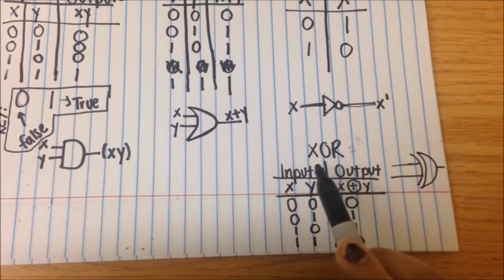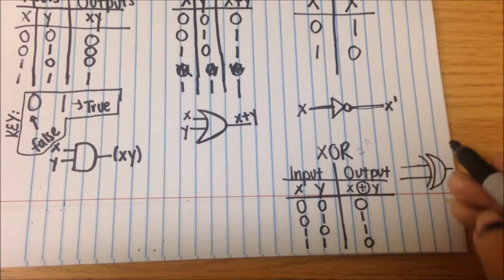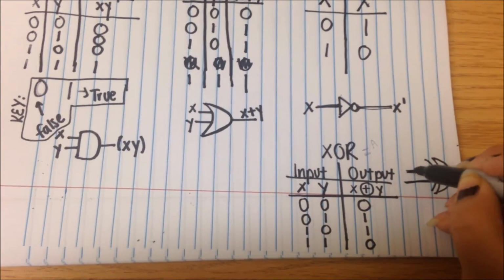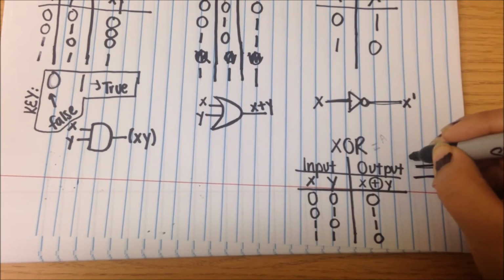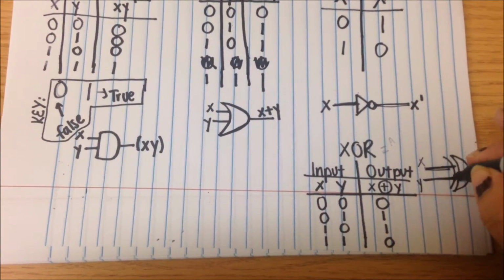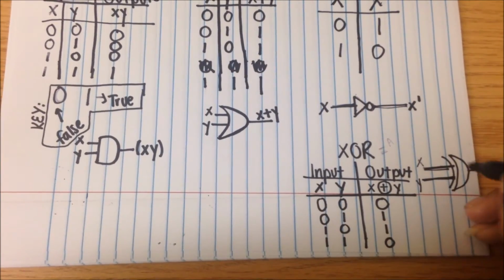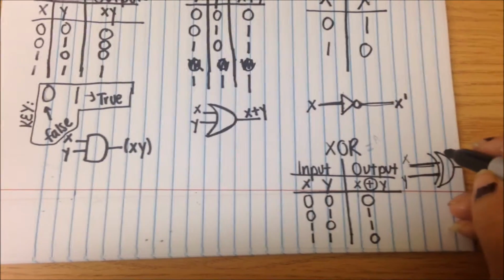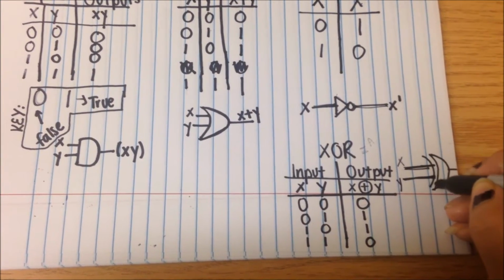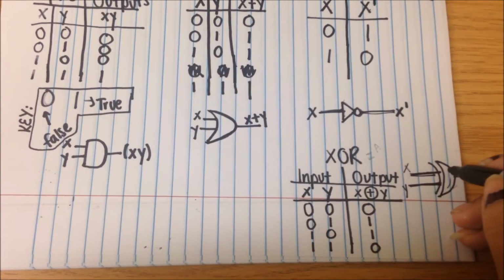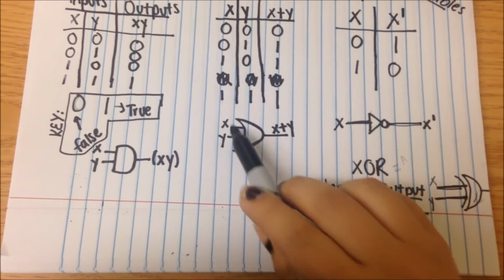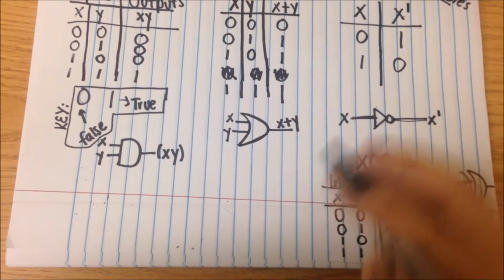Now your exclusive OR has 2 inputs, your x and your y, and then you have a curve here, and then one like the crest of a moon. It's kind of like your OR, but with just another curve behind it.